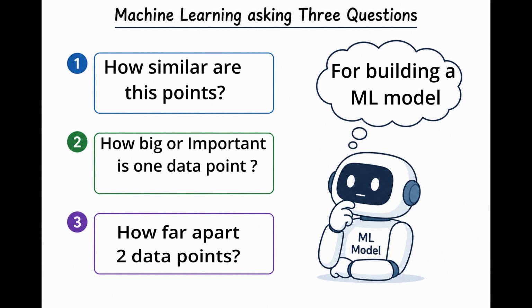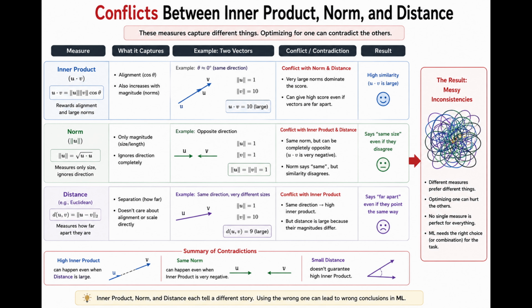Now imagine that there were three completely separate formulas invented independently. That would be a mess, right? You could accidentally define a similarity measure that says two vectors are similar, while your distance measure says they are extremely far apart. So the geometry would become inconsistent.